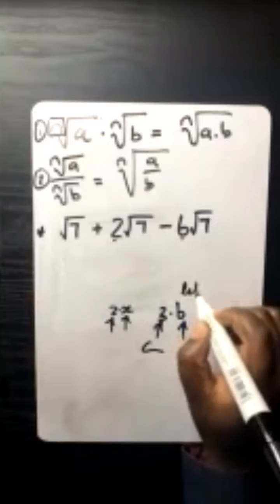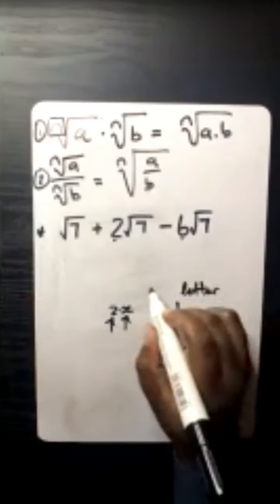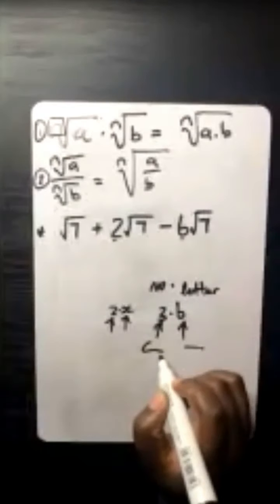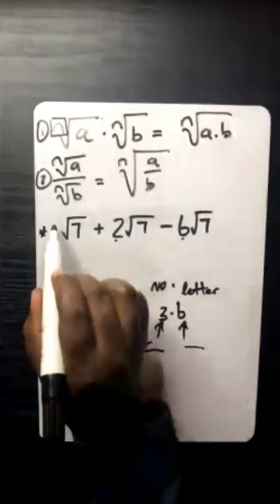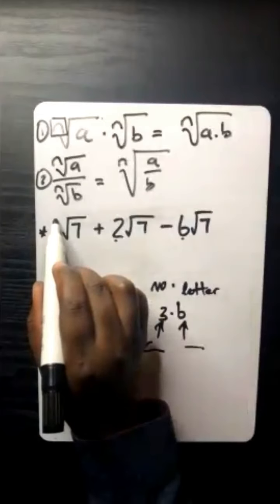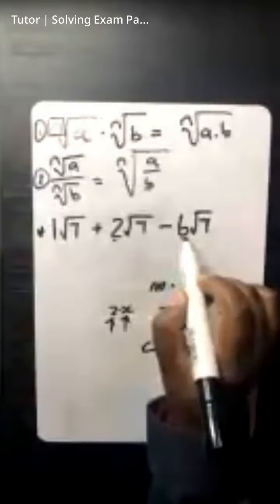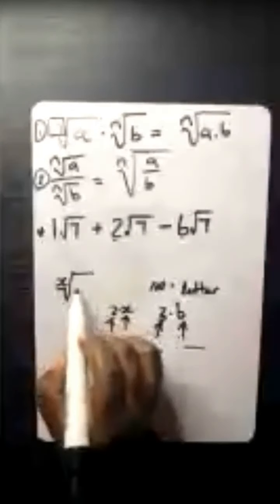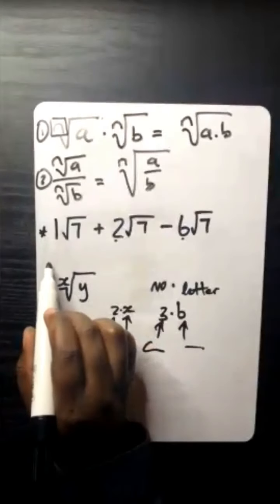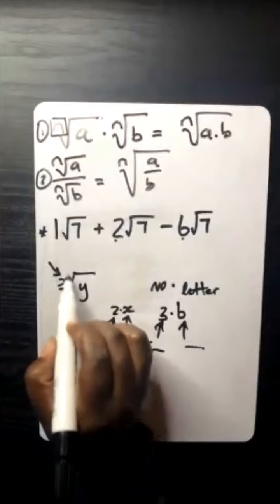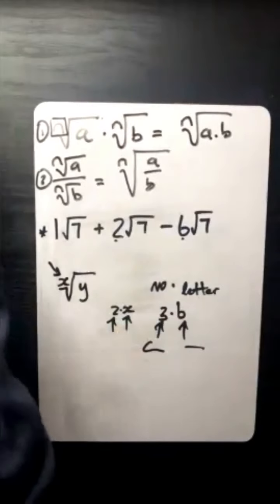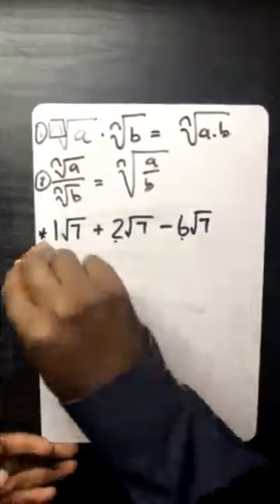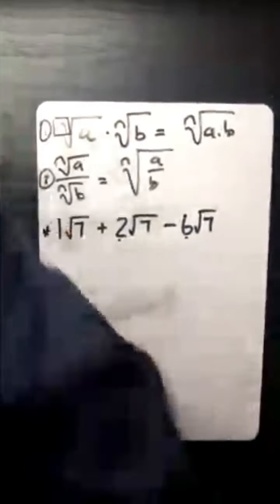So here we've got an invisible 1, we've got 2, we've got 6. In a case where you've got x square root of y, I'll try to find out what that is called, unless there's someone in the group who knows. Then you can help us on that one.